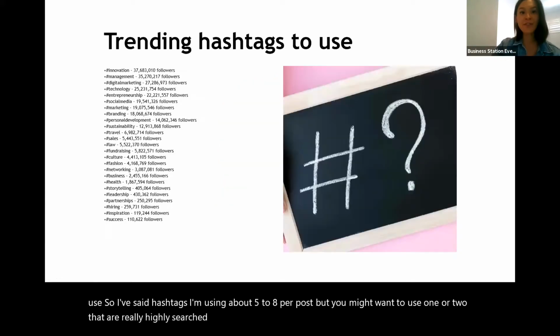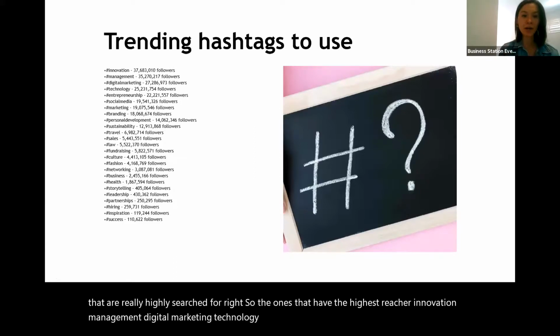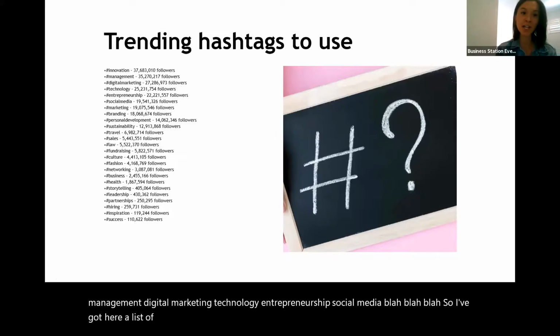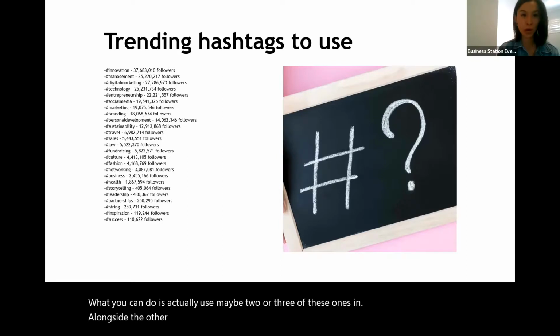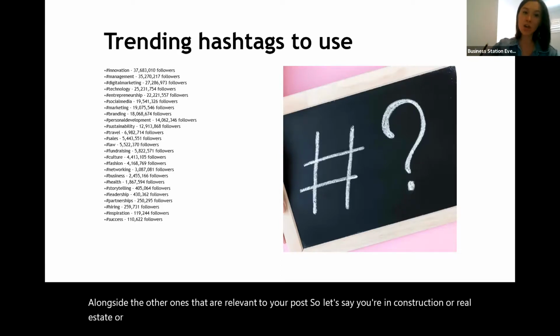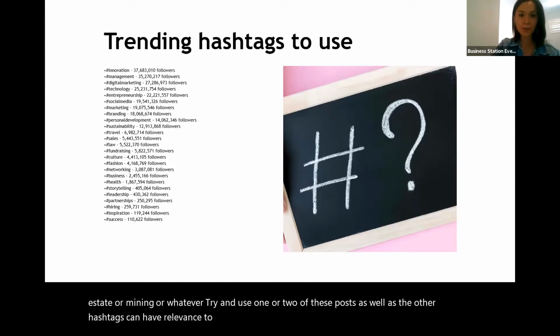The ones that have the highest reach are innovation, management, digital marketing, technology, entrepreneurship, social media, and so on. So I've got here a list of the highest trending hashtags. What you can do is use maybe 2 or 3 of these alongside the other ones that are relevant to your post. So let's say you're in construction or real estate or mining or whatever, try and use 1 or 2 of these as well as other hashtags that have relevance to your industry.